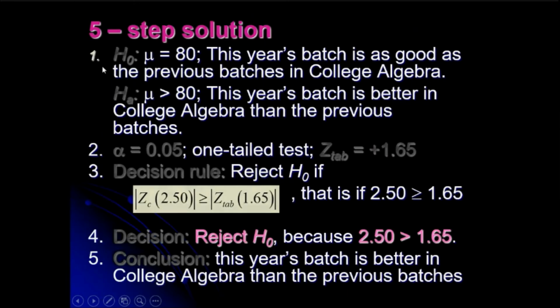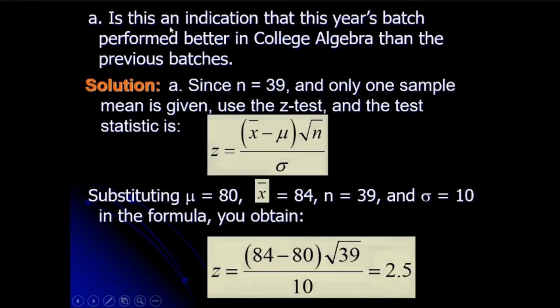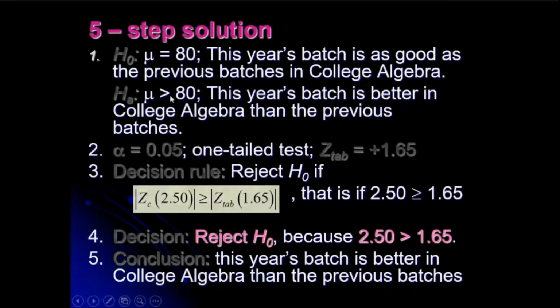Now, let's have number 1. Okay? So since nakalagay naman dito sa problem natin, better, okay? So ibig sabihin, ang alternative mo ay yung greater than 80, kasi better eh. So mas mataas sa 80. Okay, nagagets nyo ba yung analysis? Opo, sir. Okay, so mas mataas siya sa 80.